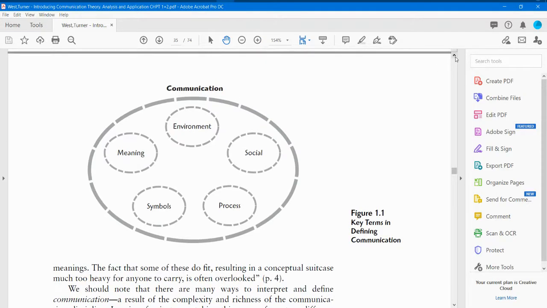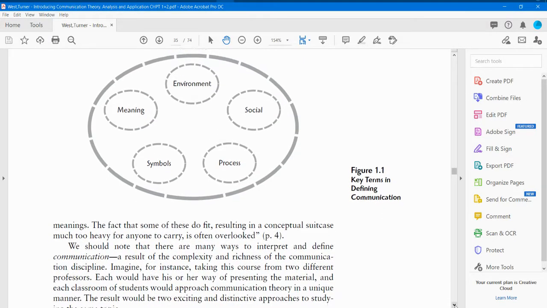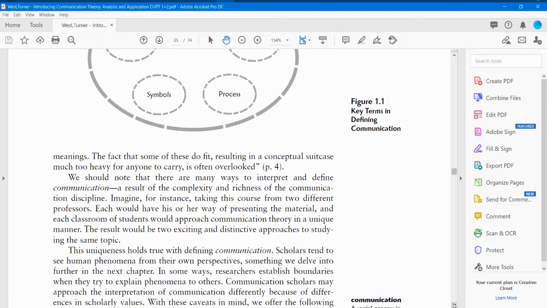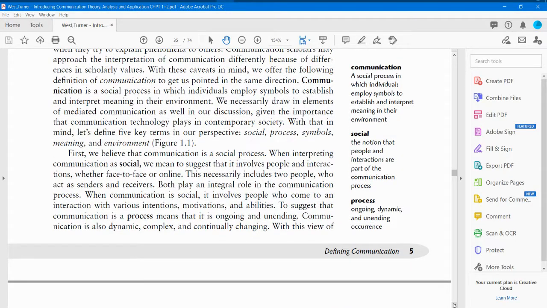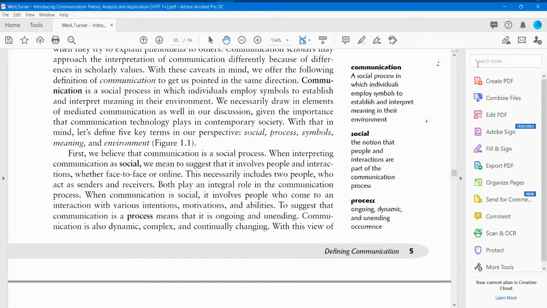So if this is your page, this is your normal page, and here they're talking about the key terms in defining communication. You will see here, can you guys see this? Okay, let me just turn that off. Here, for example: communication, social, process.